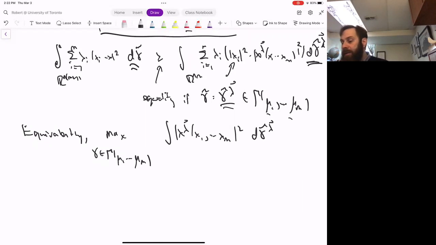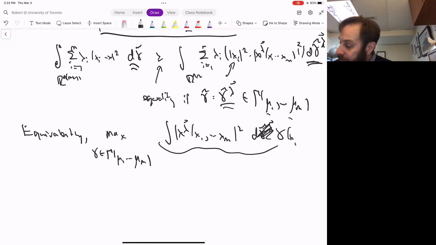And actually, the integrand here, let me just call this gamma, that's better. Sorry, it probably would have been notationally better if I'd used different letters for the measure on R^{nm} and the measure on R^{nm+1}.